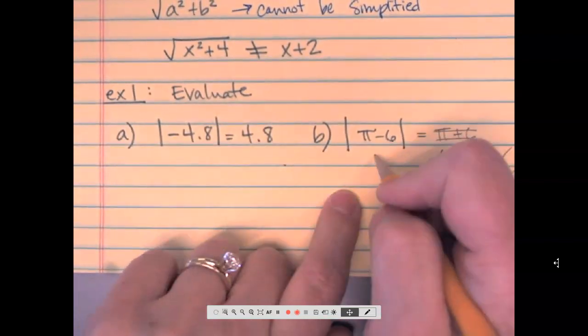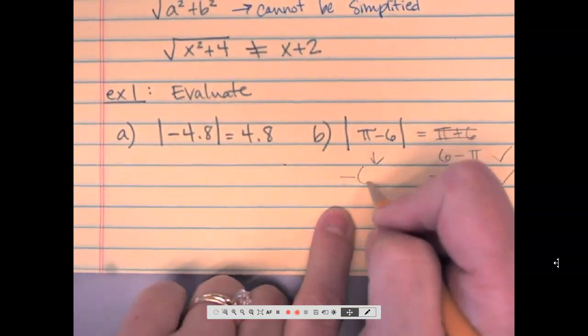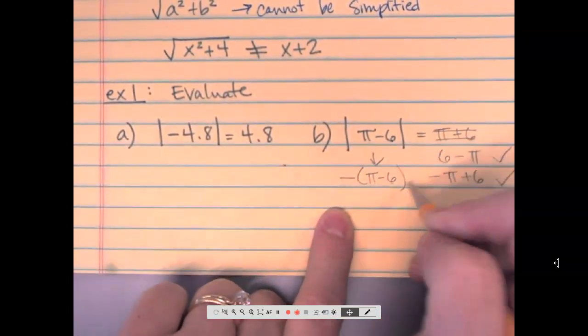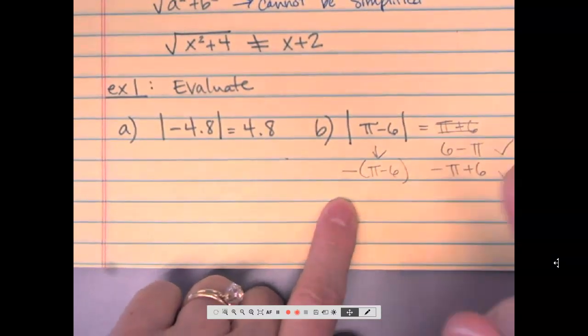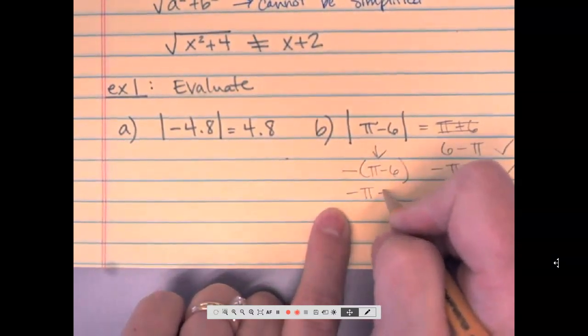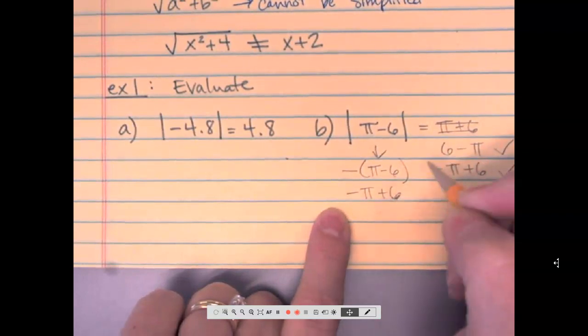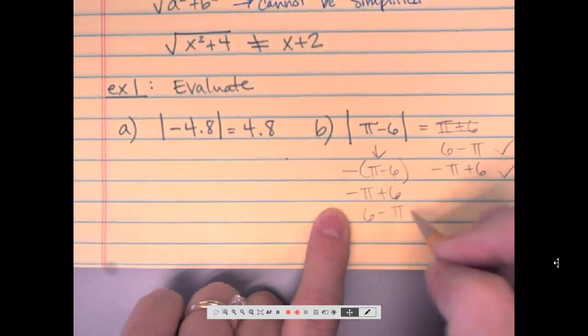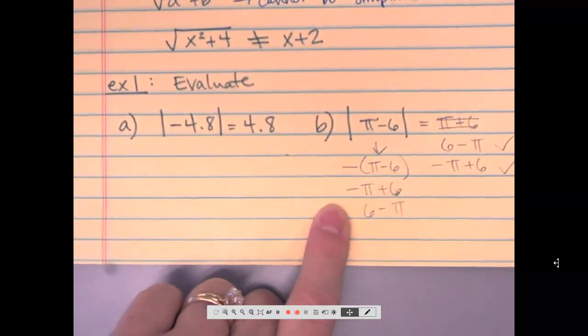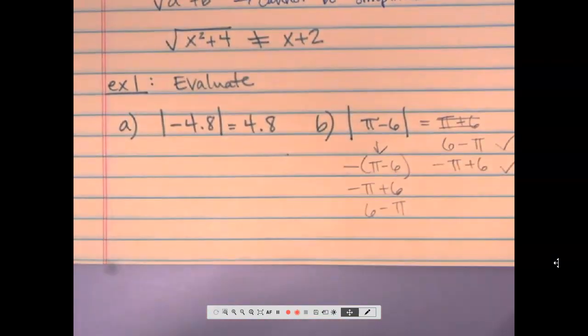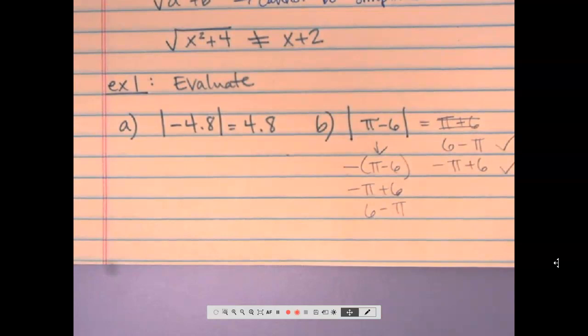So if I took the negative of that, that gives me negative pi plus 6, which can also be written as 6 minus pi. Okay, so algebraically, that's how we would get to those answers. So if the quantity inside the absolute value is negative, to take the absolute value, you just have to do the negative of that, or the opposite of that.